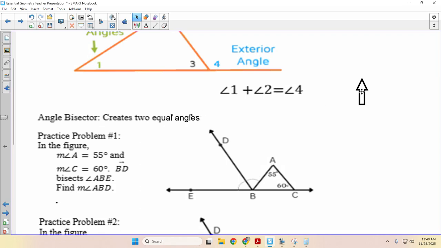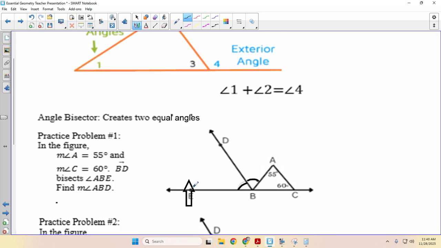All right, let's look at the scenario where we're going to use these two pieces. We have this figure here. We know that angle A is 55, angle C is 60, and then BD bisects ABE. So a bisector will create two equal angles.